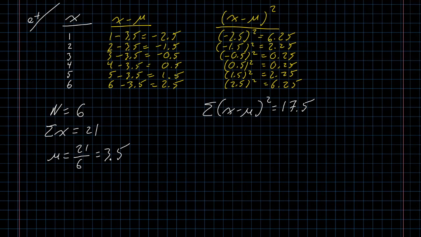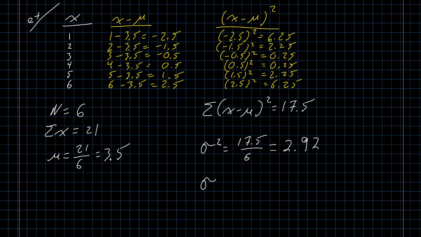Then from here, the variance, sigma squared, is 17.5 divided by 6. My calculator is happy to tell me that 17.5 divided by 6 is something in the ballpark of 2.92.